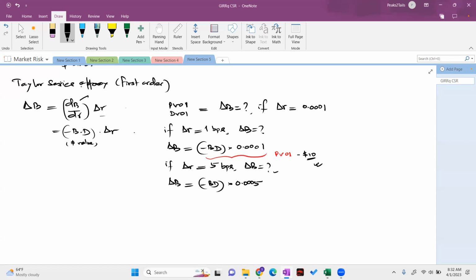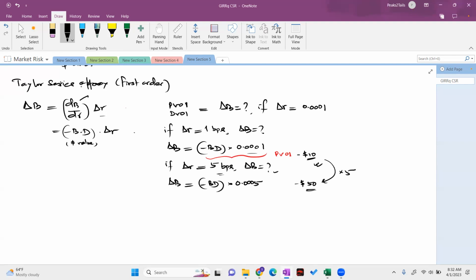Straightforward. Minus $50. So if you define PV01 as BD times 0.0001, next time when somebody asks you the change in bond value for a given change in interest rate in basis points, all you need to do is multiply that 5 with this. That should be good enough.